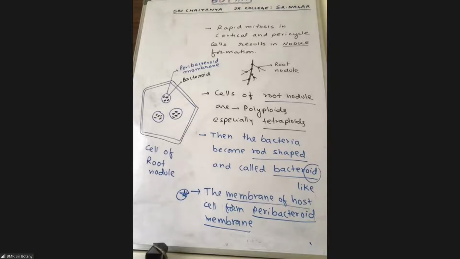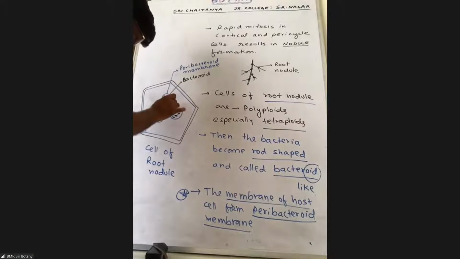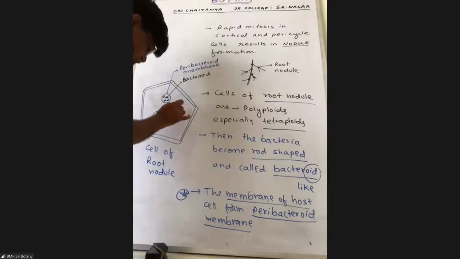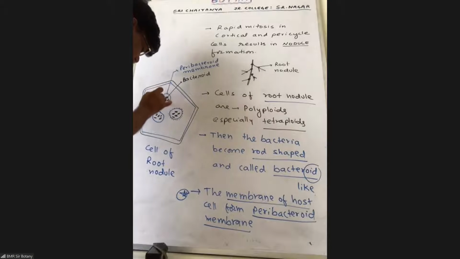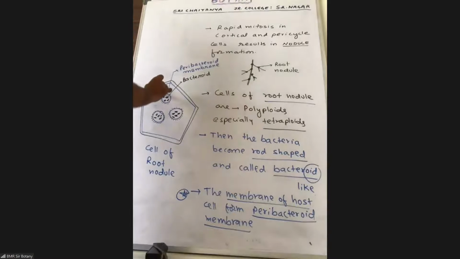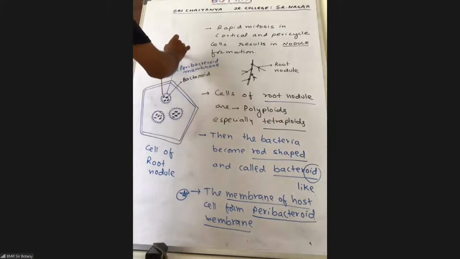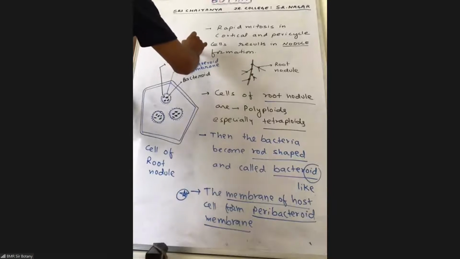Around which now leghemoglobin forms a film. My question was, why is leghemoglobin forming a film around the peribacteroid membrane? Chocolate question. To protect from O2.